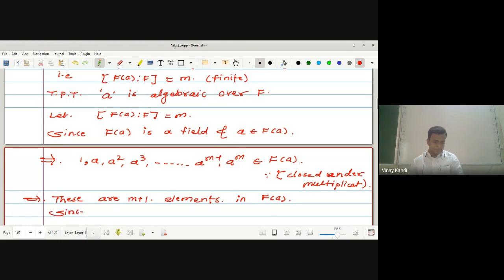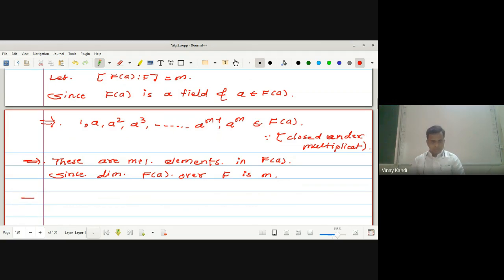Since dimension of capital F(a) over F is m, and this implies these m plus 1 elements of capital F(a) are linearly independent over F. इथे तुमचा घोळ होण्याची शक्यता आहे बरं का. डायमेन्शन ऑफ F(a) ओव्हर F आपण m म्हणतोय आणि इथे म्हणतोय m प्लस 1 एलिमेंट्स हे कसे असतील, लिनियरली इंडिपेंडेंट ओव्हर F असं म्हणतोय. ओके, तेच सांगायचं होतं मला.